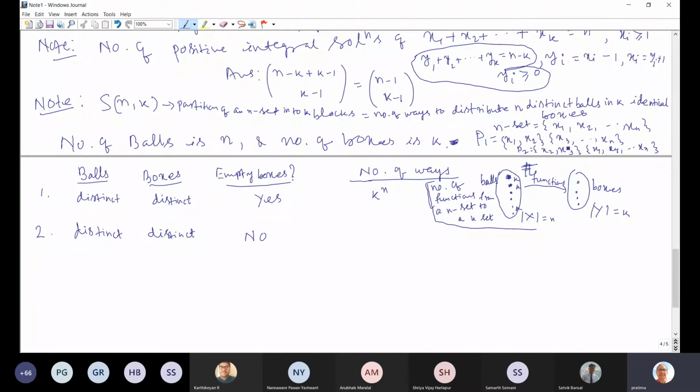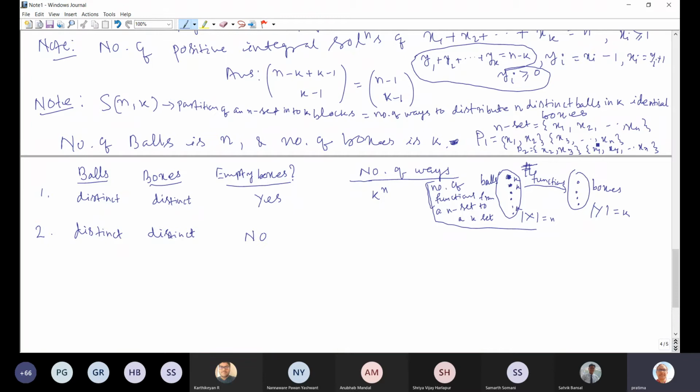So these two will be treated as different partitions. The balls we are considering, n number of balls, x1, x2, xn, are distinct balls. They are not identical balls. So whether x1, x2 is a block, or x2, x3 is a block, they are different cases, right?